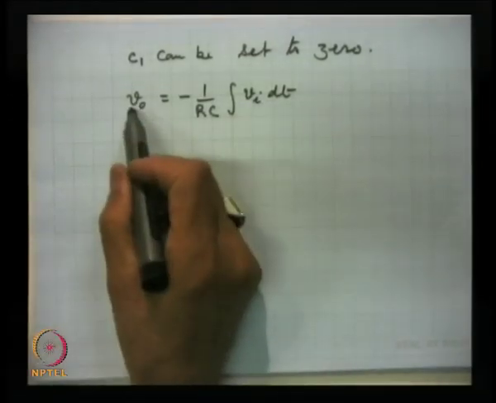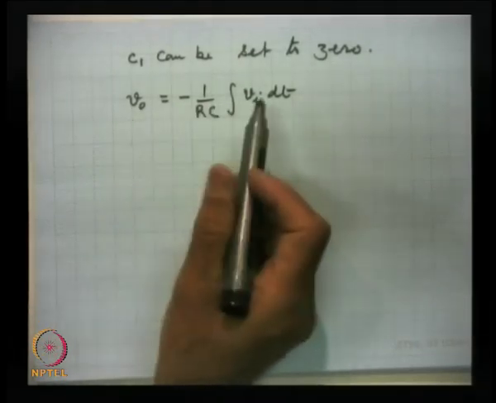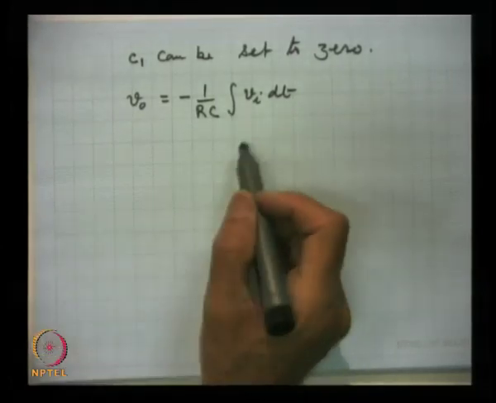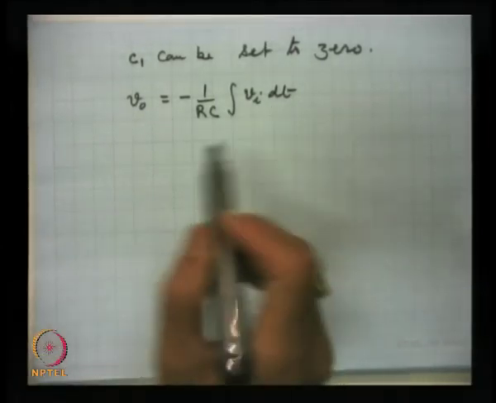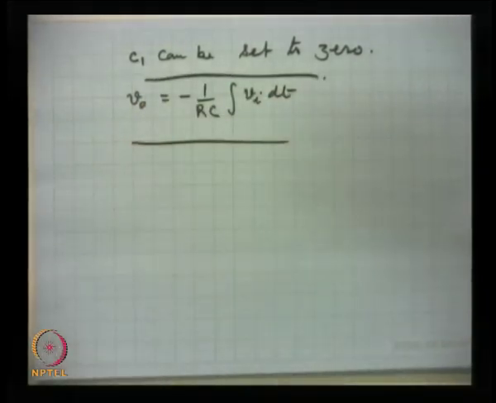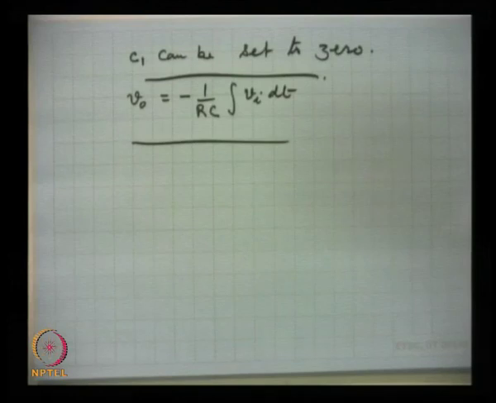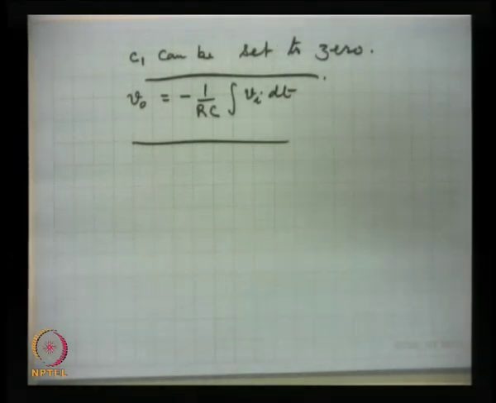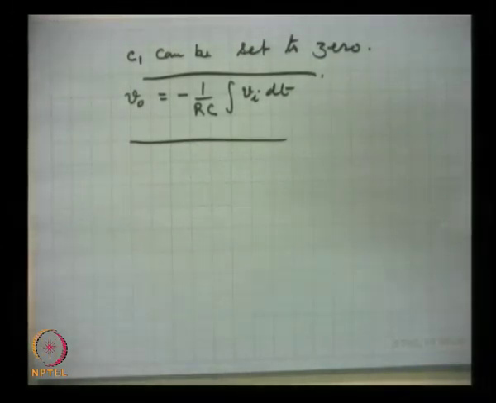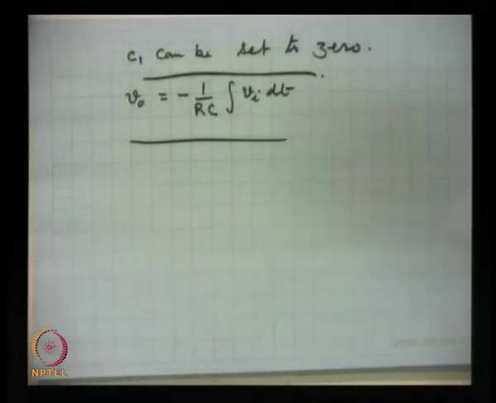So V0, the output voltage, is proportional to the integral of the input voltage. This is the integrator or integration amplifier. Now let us discuss furthermore what are the problems in this basic integrator and how we take care of those things.